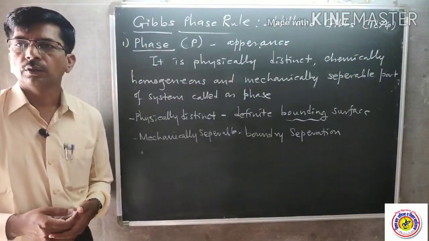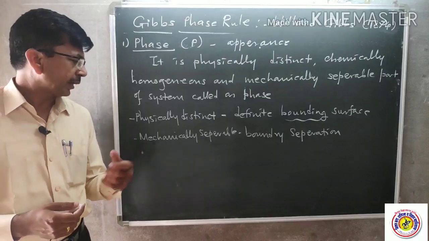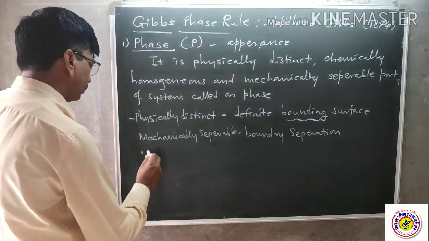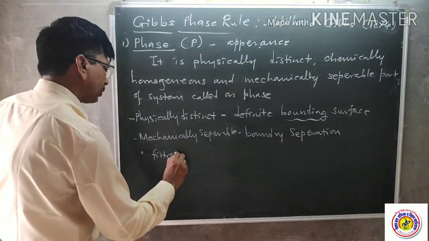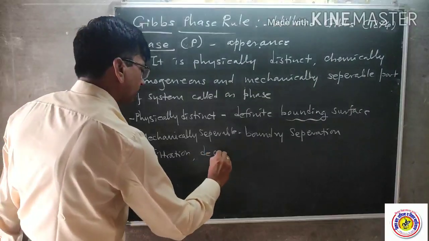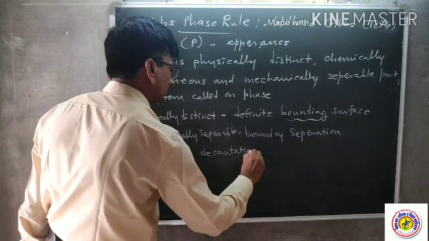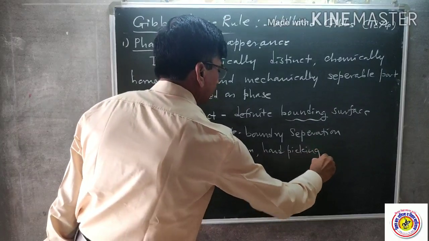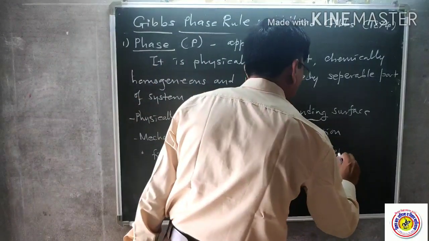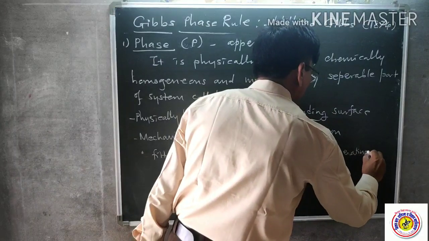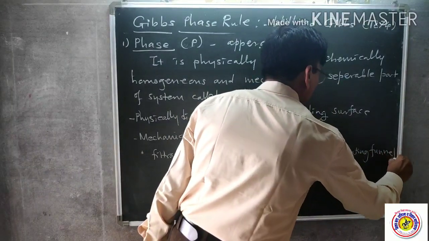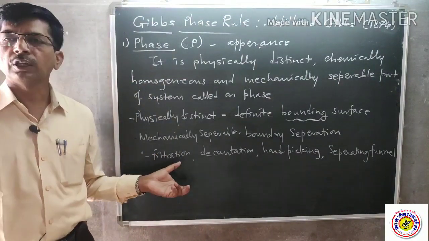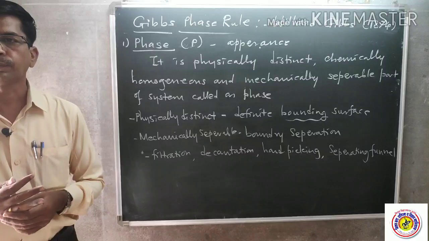Another one is, mechanically separable means simple processes like filtration, decantation, hand picking, separation by using a separating funnel. If we carry out the separation by using these methods, then we say that it is mechanically separable.